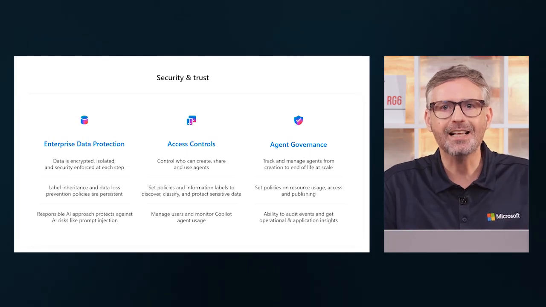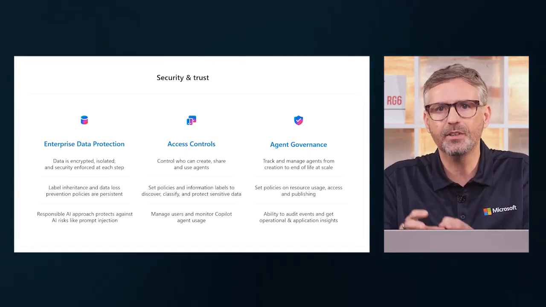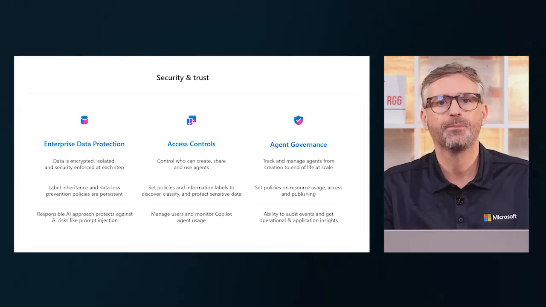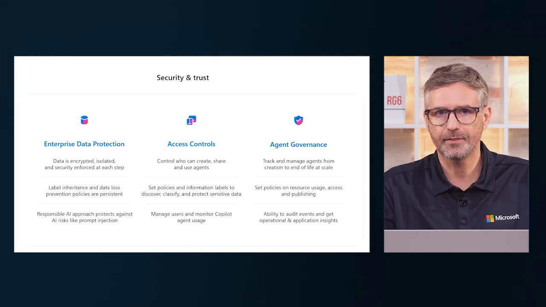Not everyone has their data governance program in perfect order, so restricted SharePoint search allows you to create a list of sites which are ready to benefit from the power of Copilot and generative AI.